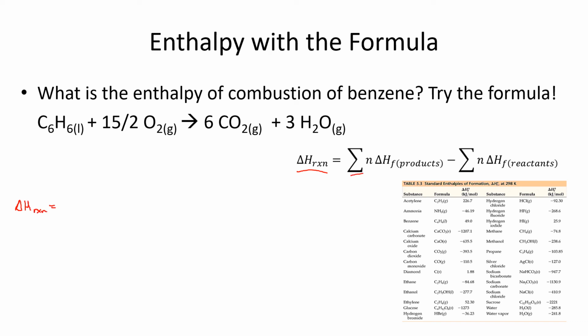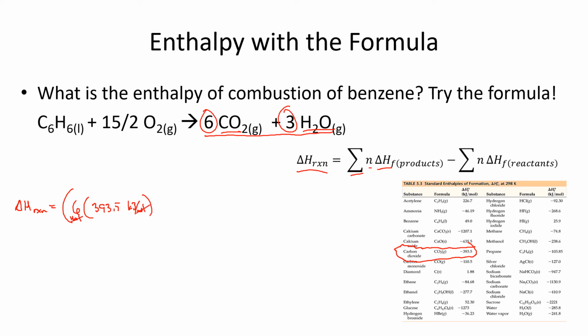And we're going to add up moles times the enthalpy of formation of the products. So these are the products here. So we need 6 moles of carbon dioxide and 3 moles of water. So we'll say 6 times, and the carbon dioxide was this guy, negative 393.5 kilojoules per mole. And this is 6 moles, right?